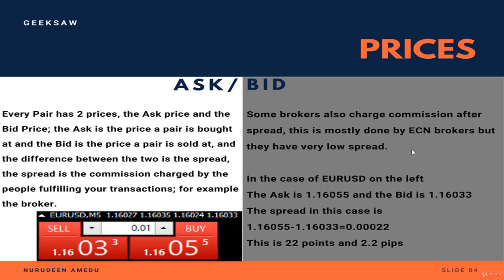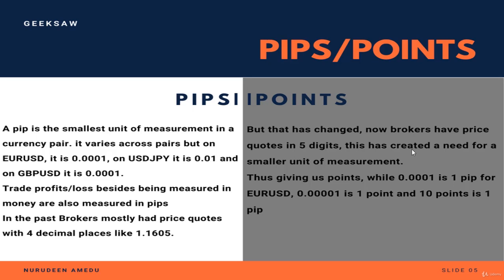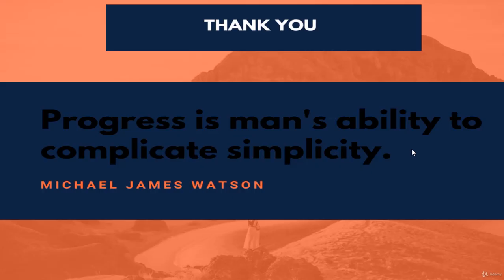That is 0.00001. That's the smallest value on that price. That's the point value. Point value is mostly used when writing programs for the market, but most traders don't use points to measure their profits. They usually use pips. So points is more for programmers.